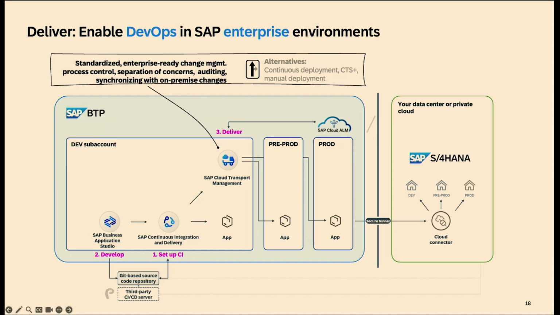So from now, we have SAP Cloud ALM as the platform orchestrating everything, and we have two services, the SAP CI/CD service and the Cloud Transport Management System. So Cloud Transport Management System will move the code to pre-prod and production.